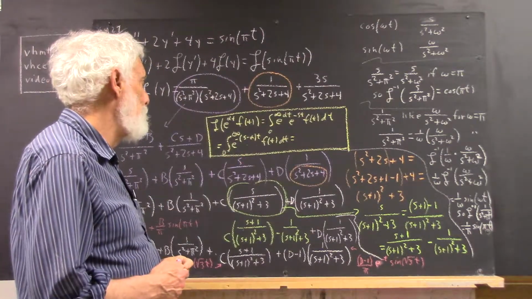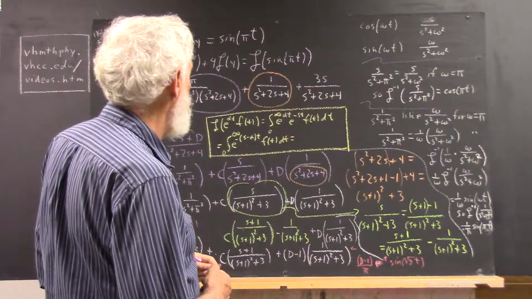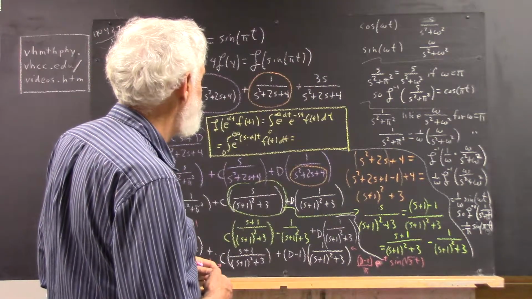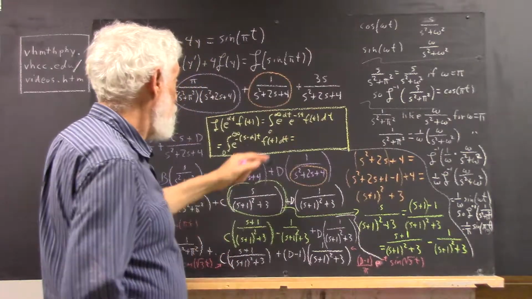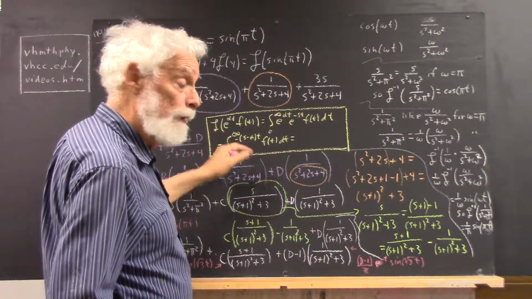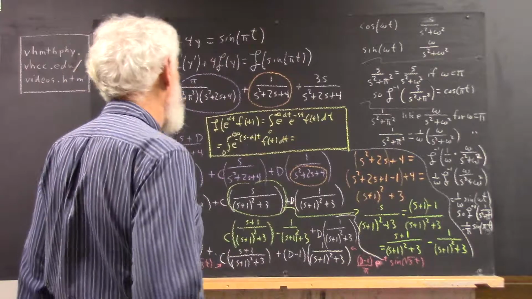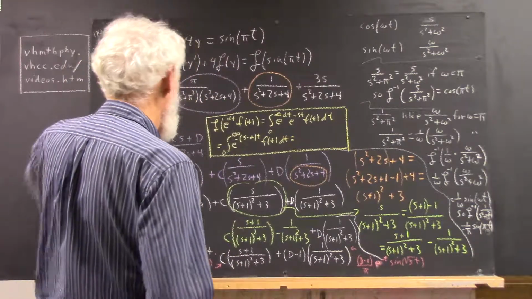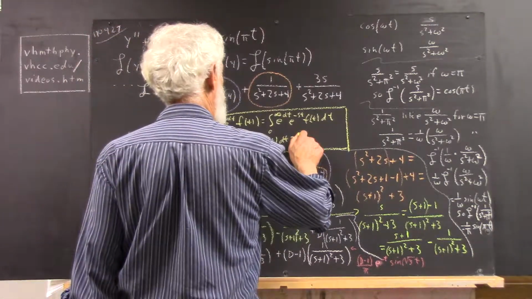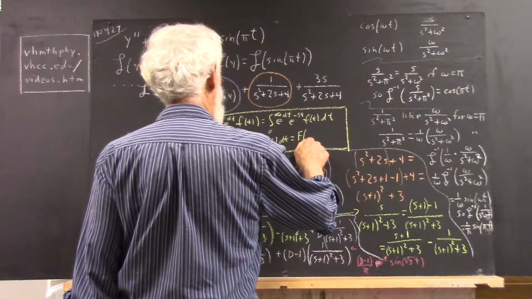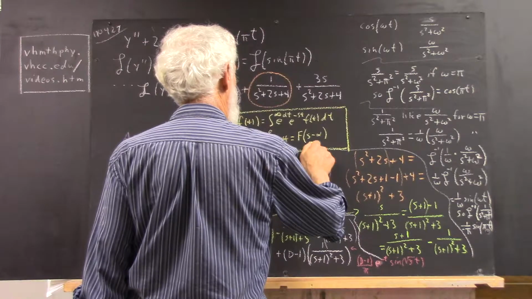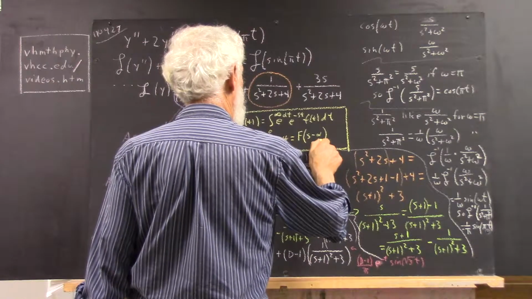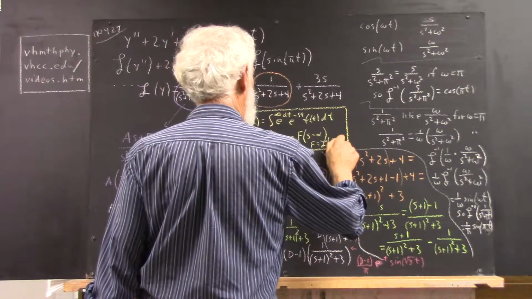I don't have room to write it out in detail, but I've replaced s by s minus alpha, and what this is going to be then is F of s minus alpha, where F is the Laplace transform of f of t.